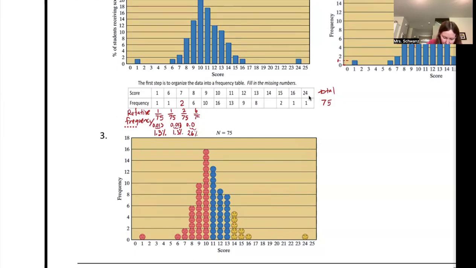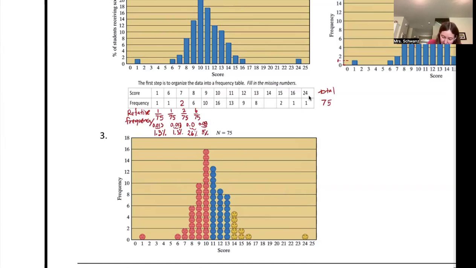And then 6 divided by 75 is 0.08. Move the decimal twice, that's 8% of the people who took this test got an 8 on the score, and so on.